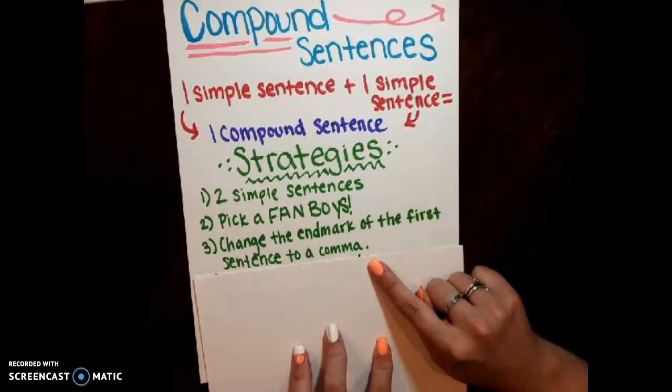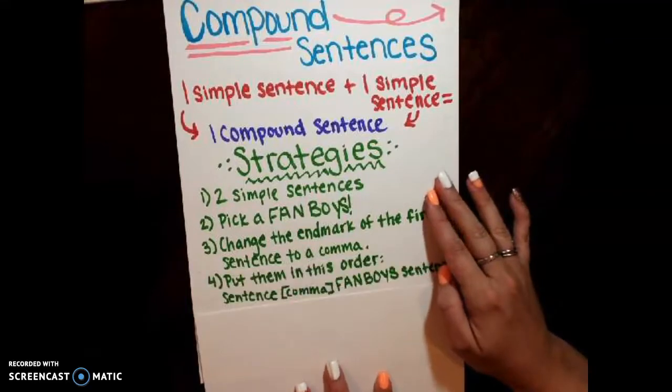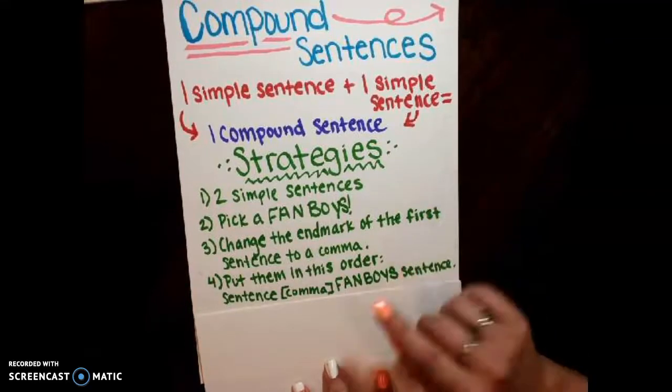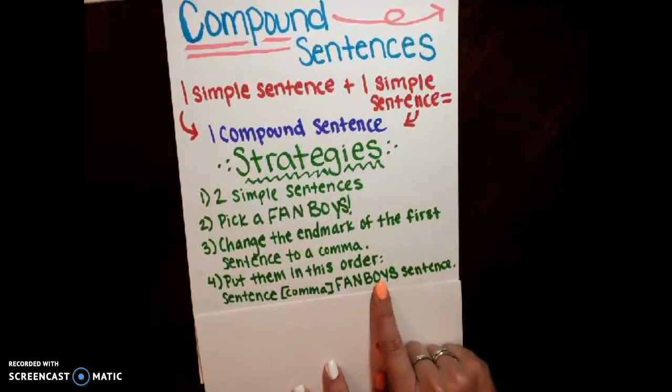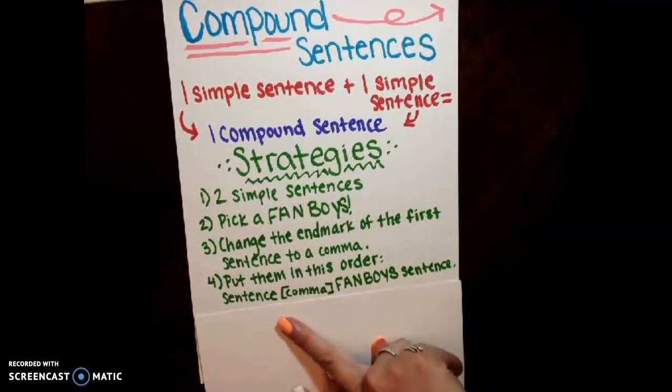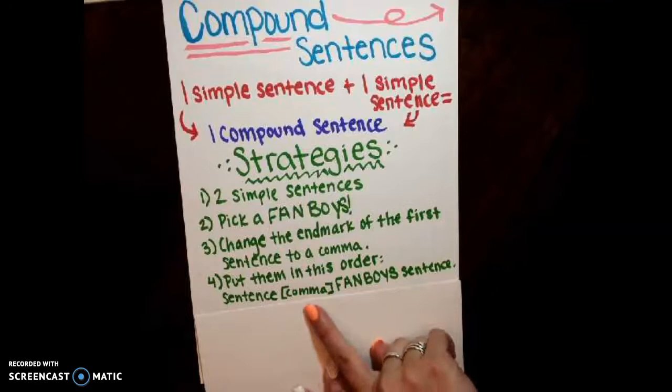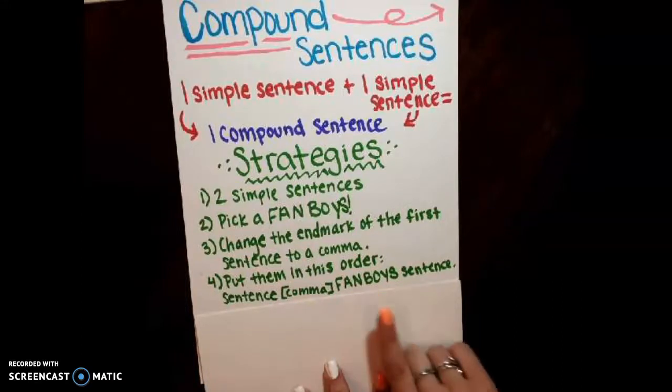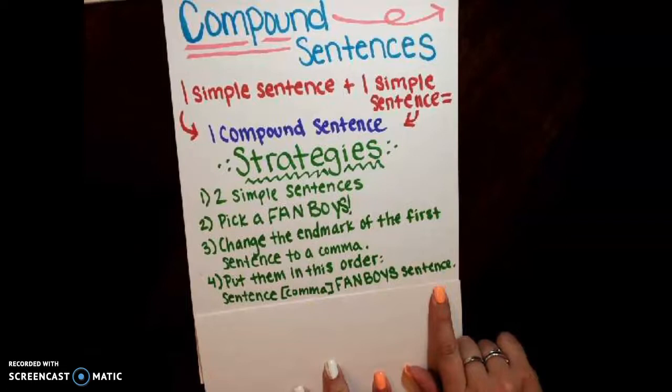So maybe it's an exclamation point as well, but we have to remove it nonetheless and change it into a comma. In our 4th strategy, we're going to put them in this order. So you're going to have a simple sentence, a comma, a Fanboys, and then your simple sentence number 2.